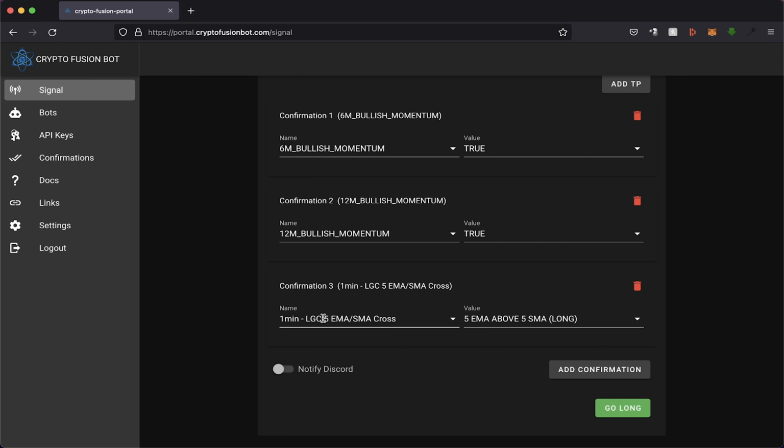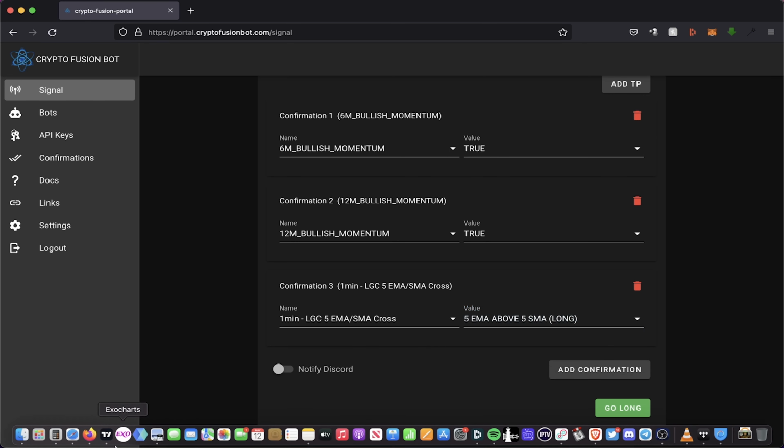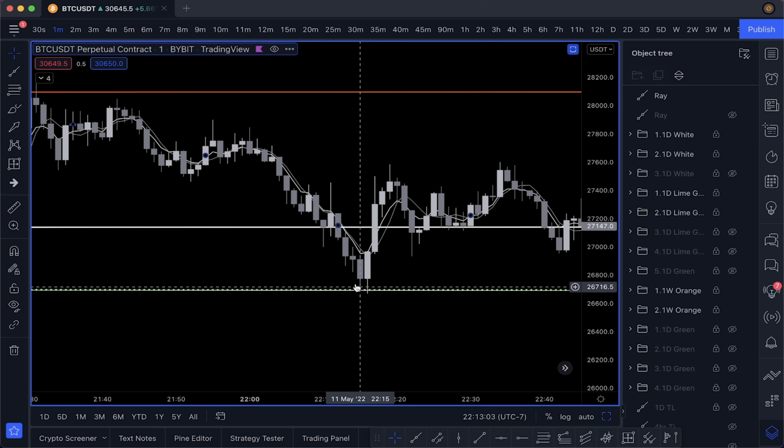Your 1 minute 5 EMA SMA cross, okay? 5 EMA above, 5 SMA long. Okay, this is for long trades. We have one for short trades, okay? Obviously, here we're taking a long trade, okay?